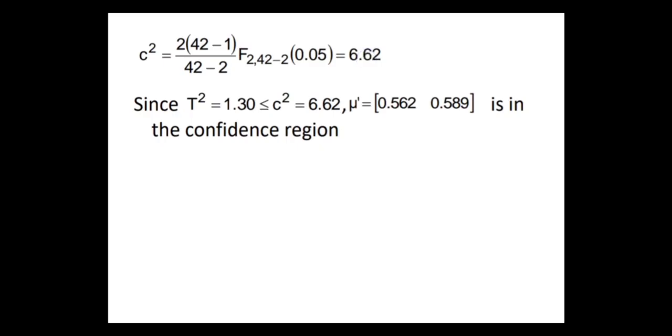So here the value of T square is 1.3 and the value of c square is 6.62. So T square is less than the value of c square, which means that we can say that the mean vector, which is 0.562 and 0.589, is in the confidence region of the ellipsoid.